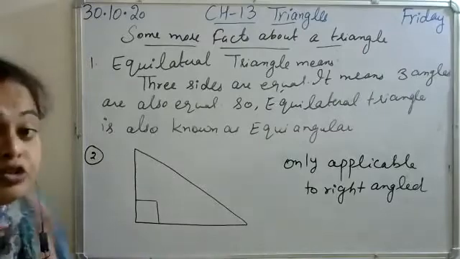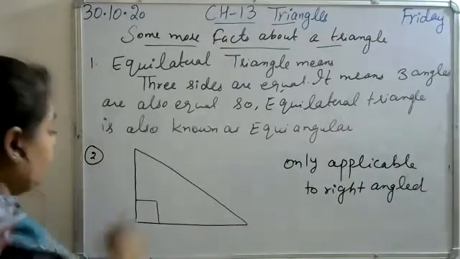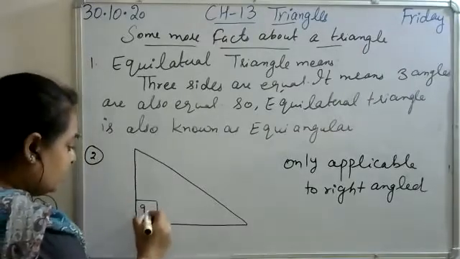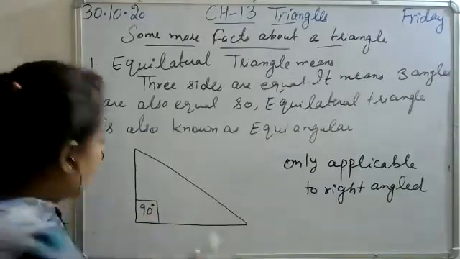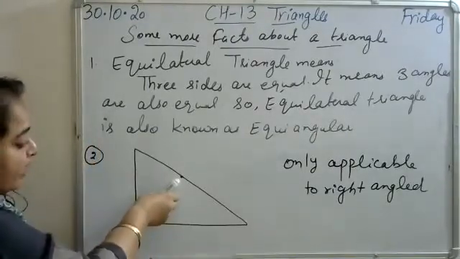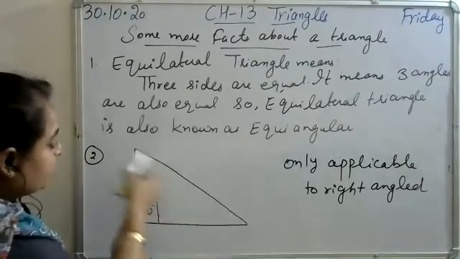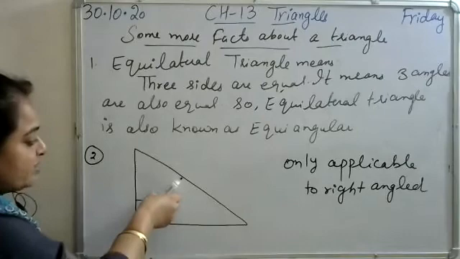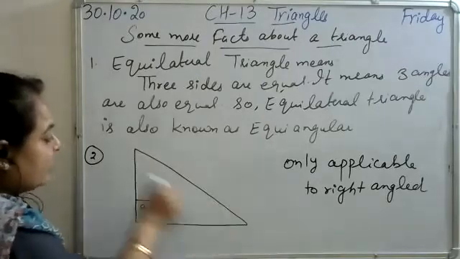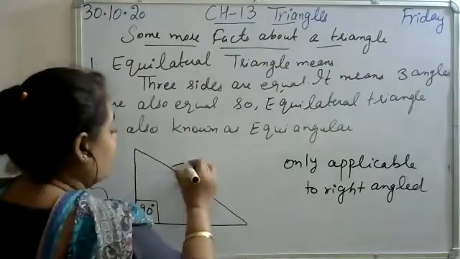Now, listen to me very, very carefully. This is 90 degree angle. The side which is in front of this 90 degree angle, this slanting side, opposite to this 90 degree, has a special name.